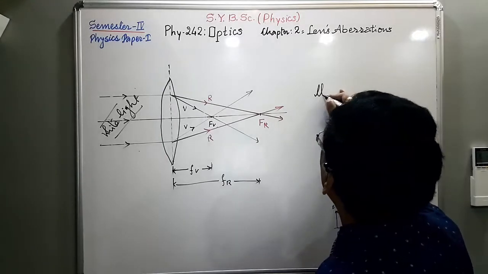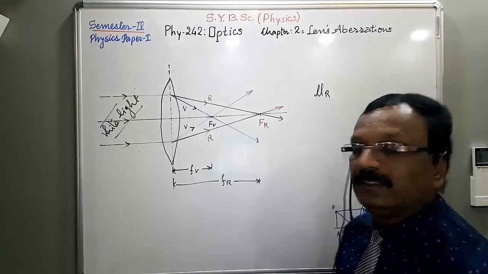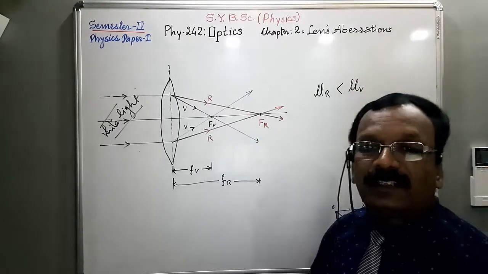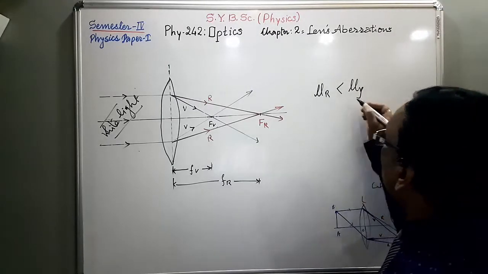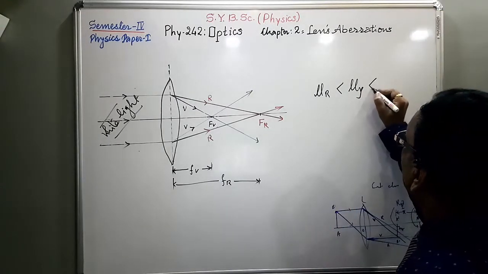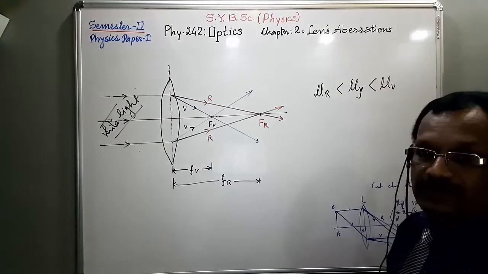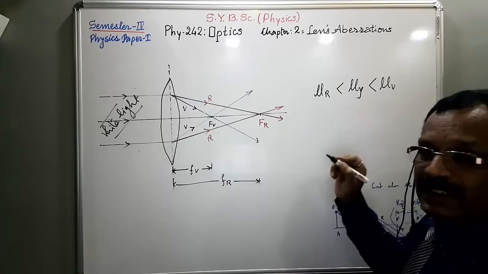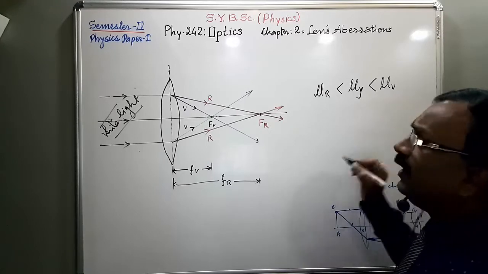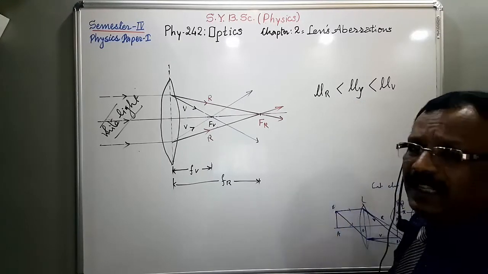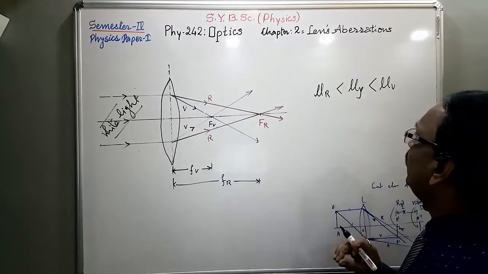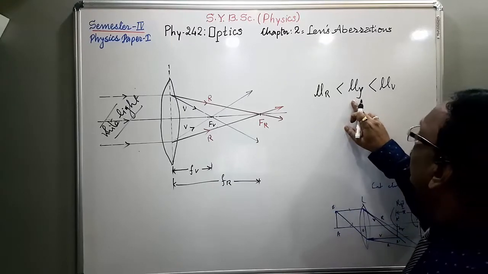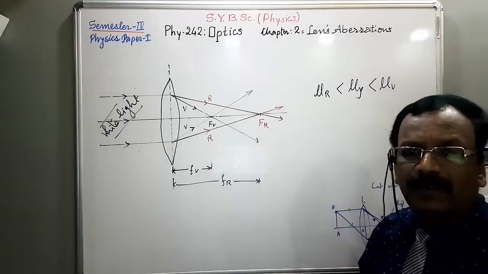Refractive index mu r for red color is less than the refractive index of yellow color, and the refractive index of yellow color is less than the refractive index of violet color. Red and violet are the extreme colors and yellow is the intermediate color. So the refractive index of red is always less than that of yellow, and that of yellow is always less than that of violet.